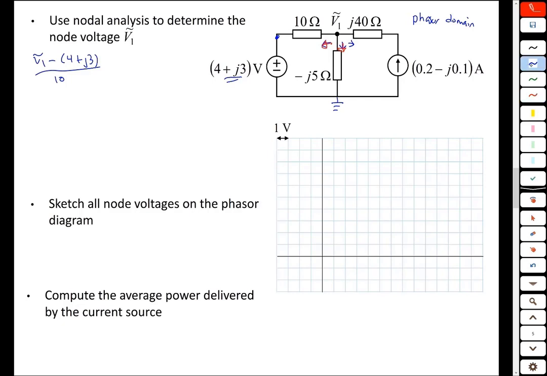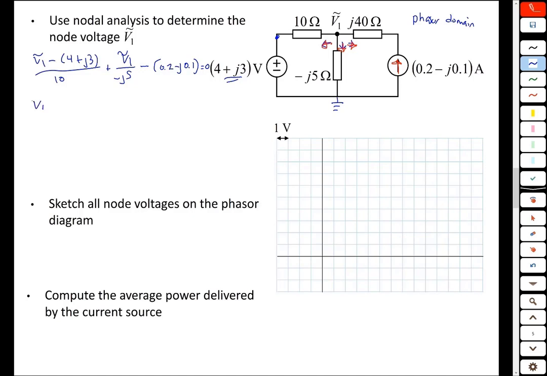That current is V1 phasor over its impedance, which is minus j5. Plus that current. Because we have this current source here, we know the current in that branch already. It's going to be negative 0.2 minus j0.1. So minus (0.2 minus j0.1). Sum of those currents all equal 0.